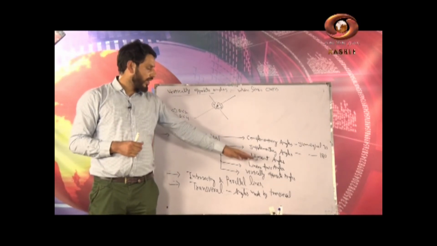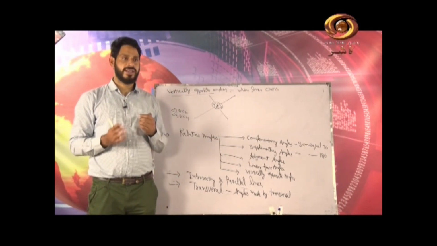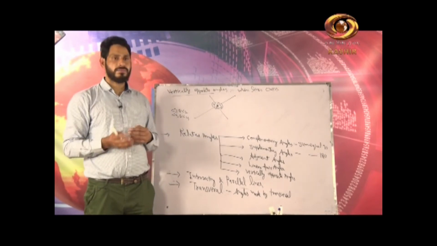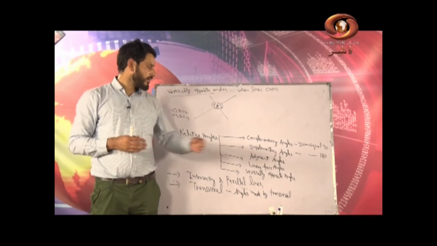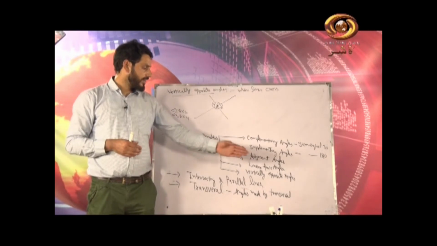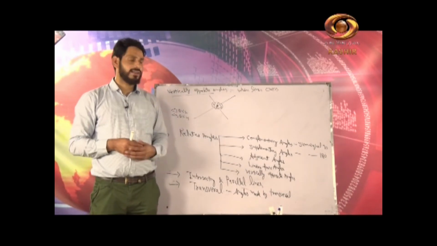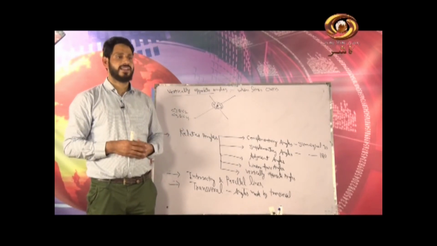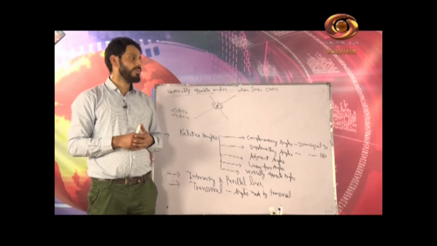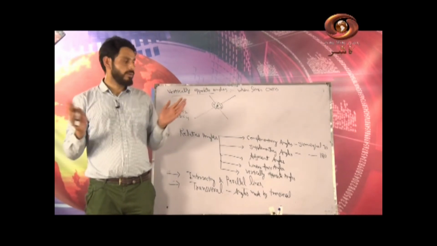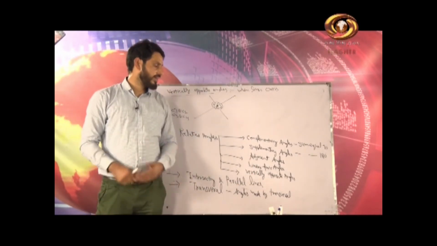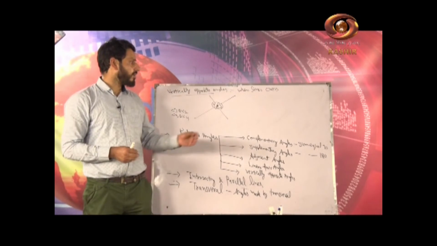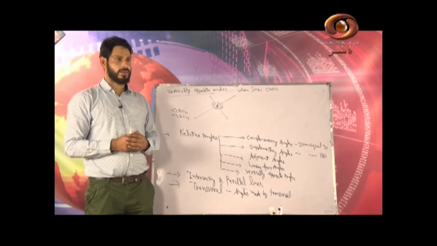And if we have angles that share a common vertex, share a common arm and do not have a common interior point, those are adjacent angles. And the linear pair is adjacent angles that also form a straight line, that is, the non-common sides should be oriented away from each other. Finally we talked about vertically opposite angles, that is, they are formed when lines cross each other.